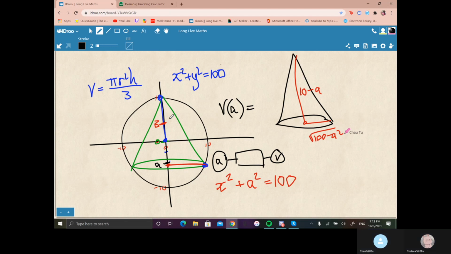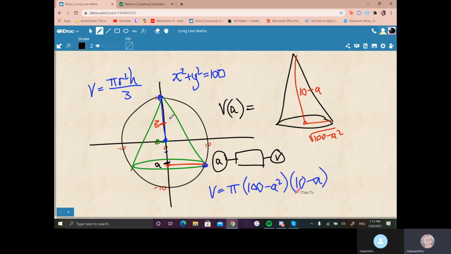I'm after the volume of that cone. What's the volume of that cone? Volume of a cone is pi times 100 minus A squared, in parentheses, times 10 minus A, in parentheses.